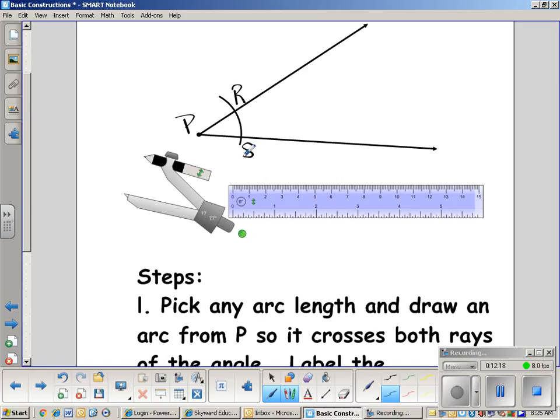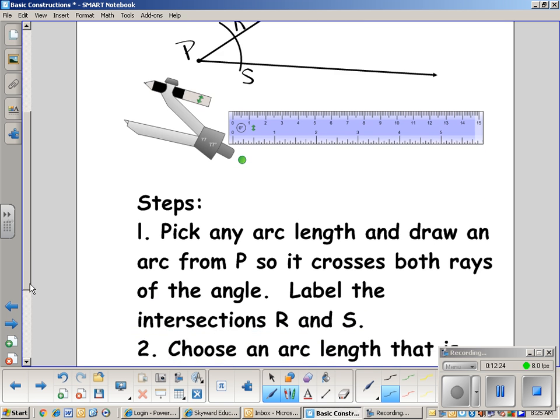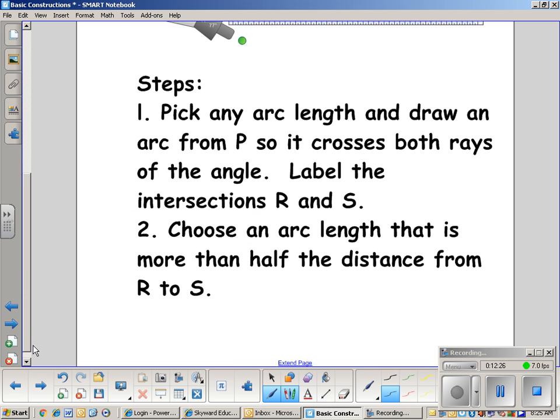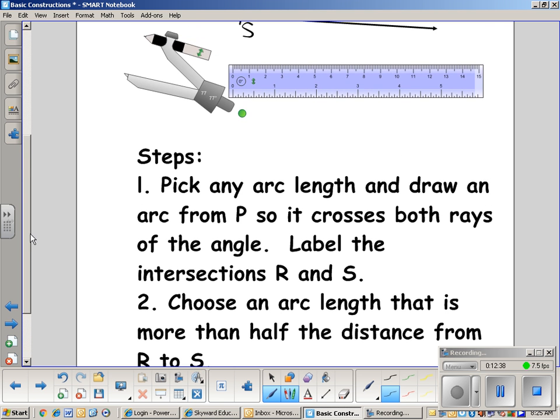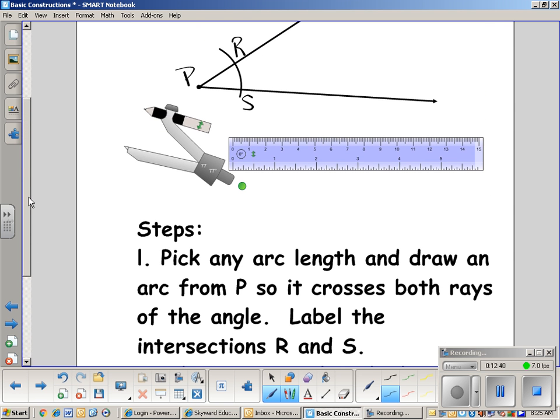We're going to label those two intersections R and S, just so that it's a lot easier to talk about the rest of this. And then the next step, choose an arc that is more than half the distance from R to S. If you need to pause that right there to finish copying that down, go ahead.